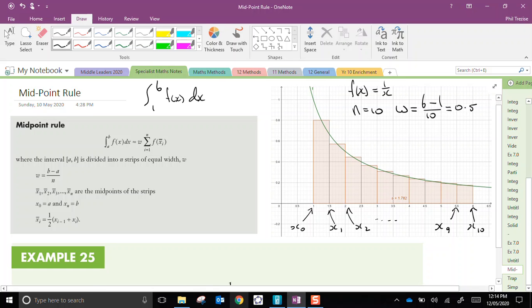Because we're using n equals 10, we'll finish on x10. More generally, this would be referred to as x subscript n, and this one would be x n minus 1, where n could be any number. We don't have to use 10 rectangles. We could use 100 rectangles if we wanted a more accurate answer.